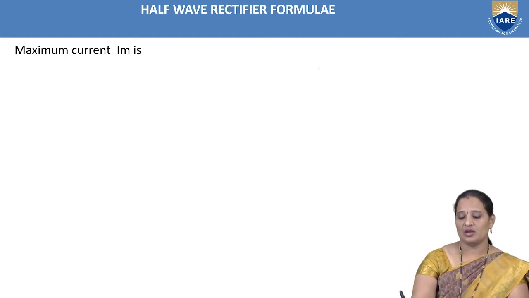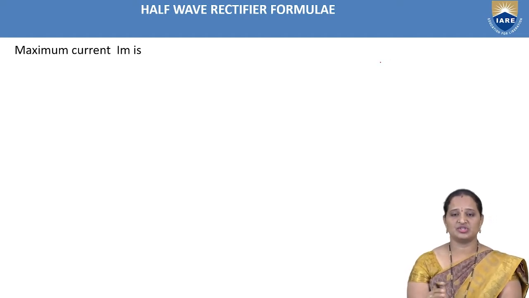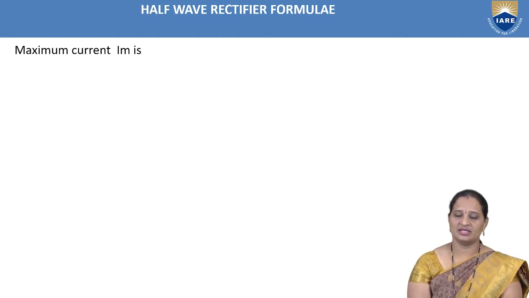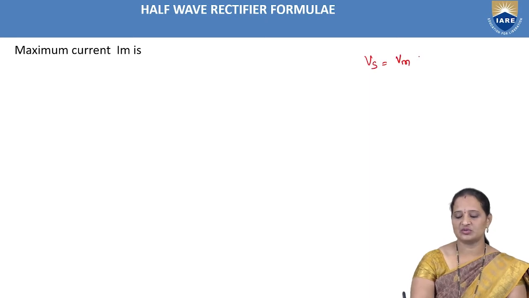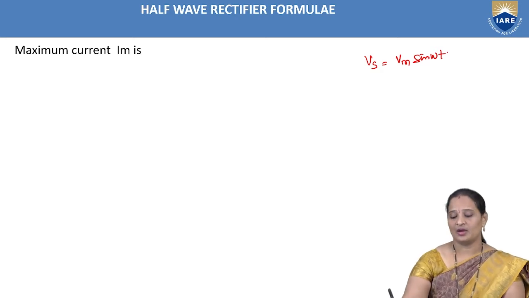First of all, a rectifier is a circuit which is used to convert the AC supply voltage into DC. Here the AC voltage applied is given by Vs equals Vm sine omega t, for 0 less than or equal to omega t less than or equal to 2 pi.